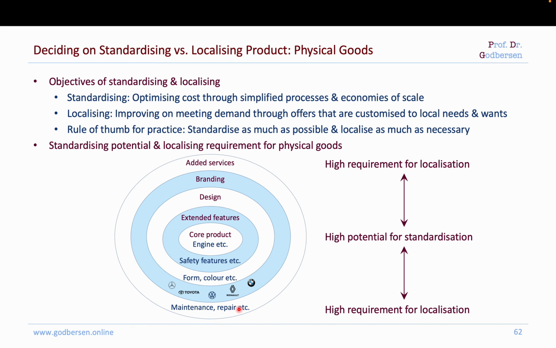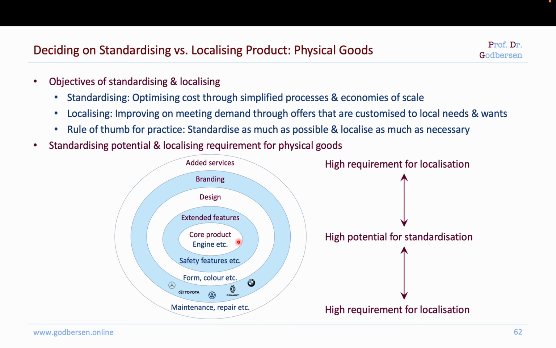Now, typically, the further you are towards the core product, like the engine, there's a high potential for standardization. The laws of physics, how a car runs, do not magically change because we're going to India or Australia or South America, wherever we're going. They're all the same across the world.